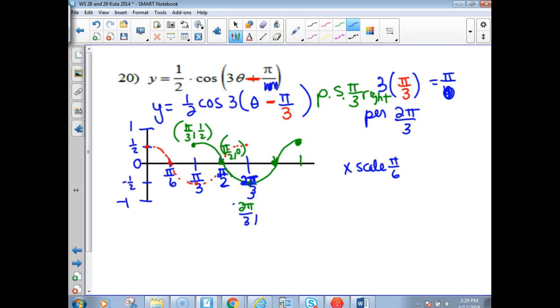So 2 pi over 3, -1/2. And then this one, let's count: 1 pi over 6, 2 pi over 6, 3 pi over 6, 4 pi over 6, 5 pi over 6. So 5 pi over 6, 0. And then the last one, 6 pi over 6, which is pi. So pi, 1/2 is the last key point.